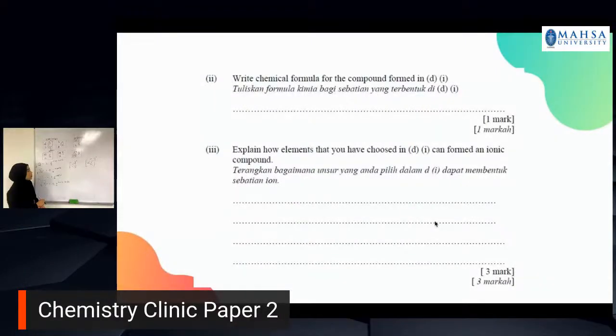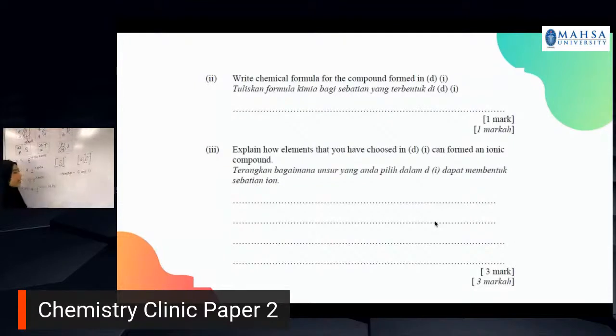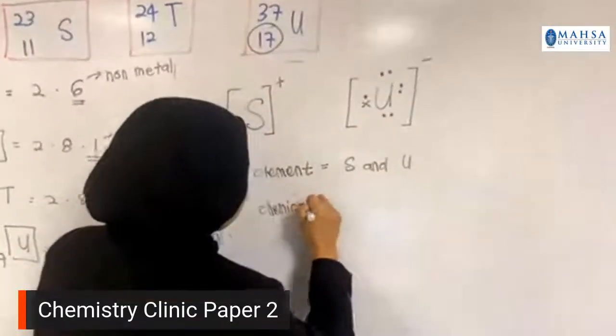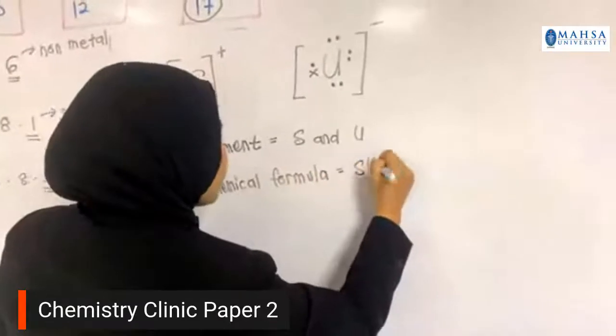Okay, the next question. Write chemical formula for the compound formed in D1. I already said that the elements that will form the ionic bond are S and U. So the chemical formula for this will be SU.